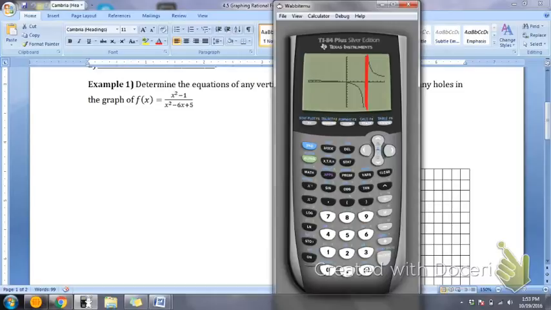Okay. Now, I'd like you to do something. I'd like you to go back to your graph. And I want you to go to second table, which is right above the graph. Second table, which is on the graph button.